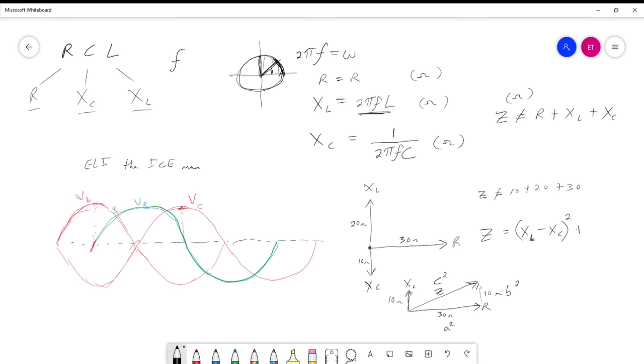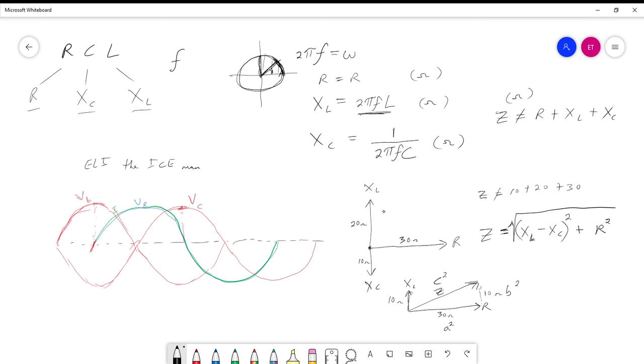So b squared plus a squared, which is our resistance, equals c squared, which is Z, but I'm going to square root both sides, okay? And there's your answer. So it's just the Pythagorean theorem that we're using to geometrically add our different oppositions to current that don't happen at the exact same point in time. So that's why we have to do it this way.